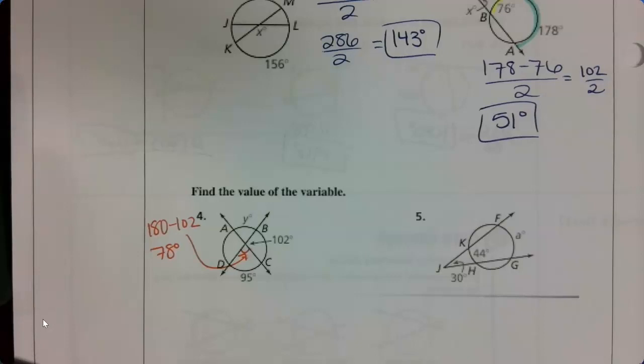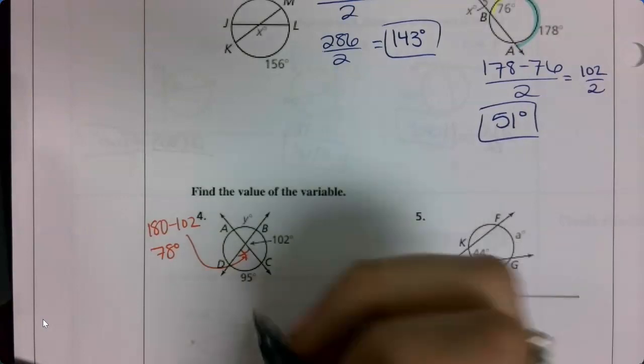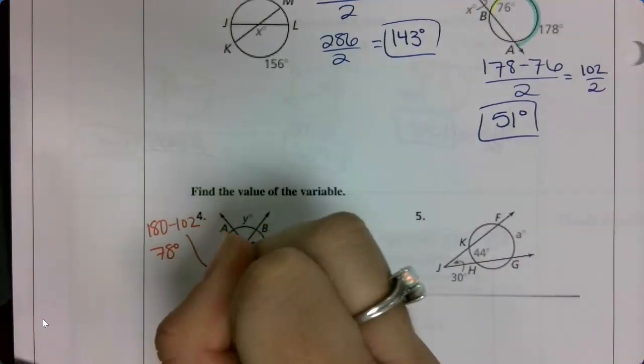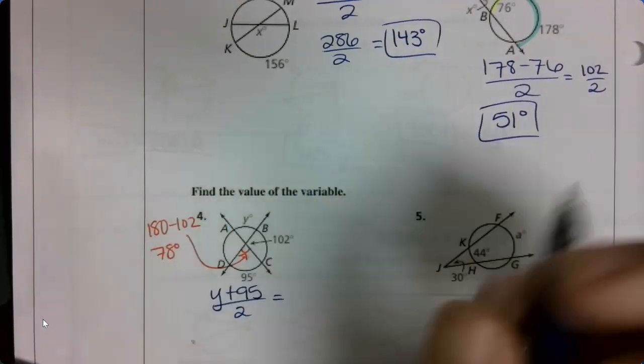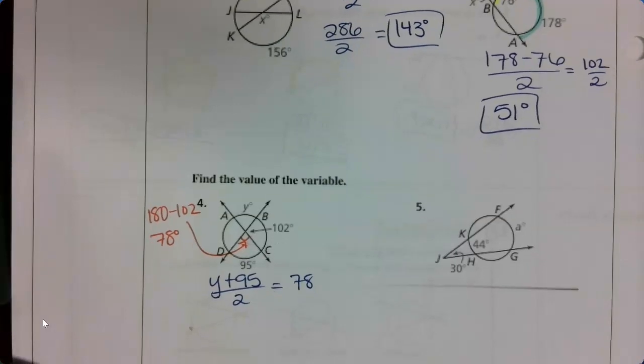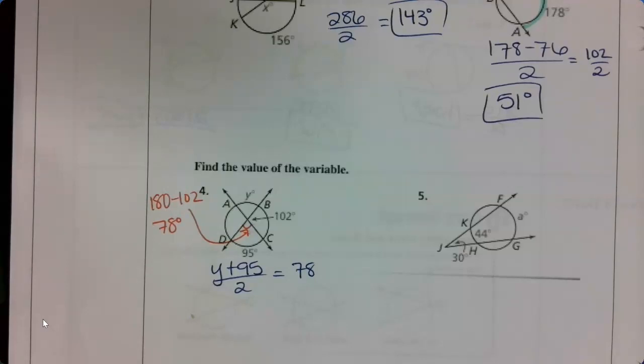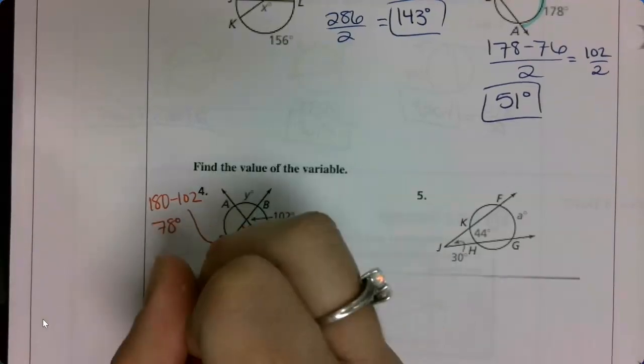And then this one's crossing inside the circle, so I should have y plus 95 divided by 2 equals the 78, because the inside angle is what it equals. And I'm solving for y here, so I want to multiply both sides by 2.